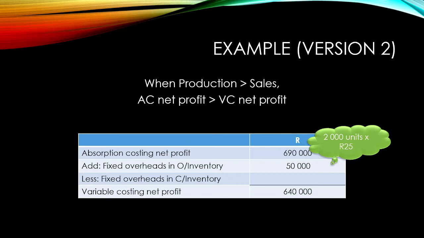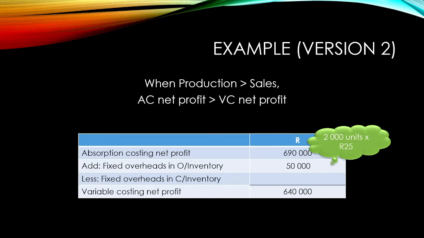For our overheads in closing inventory, absorption costing does not expense them this year, but rather carries those overheads forward to next year to expense them when the units are sold through the opening stock. Variable costing, on the other hand, expenses the fixed overheads this year when they are incurred.